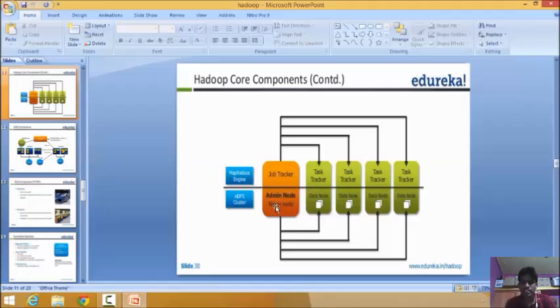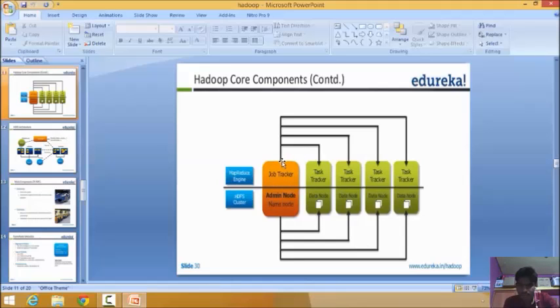What it does is, it takes the jobs given by the client. Client is nothing but the software. Whatever the jobs given by the software, it takes and it stores the metadata of that and it assigns the job to the job tracker. It asks the job tracker for performing the task.